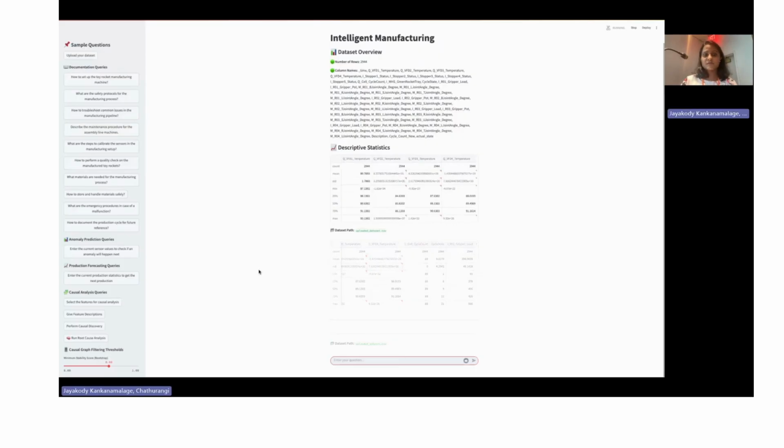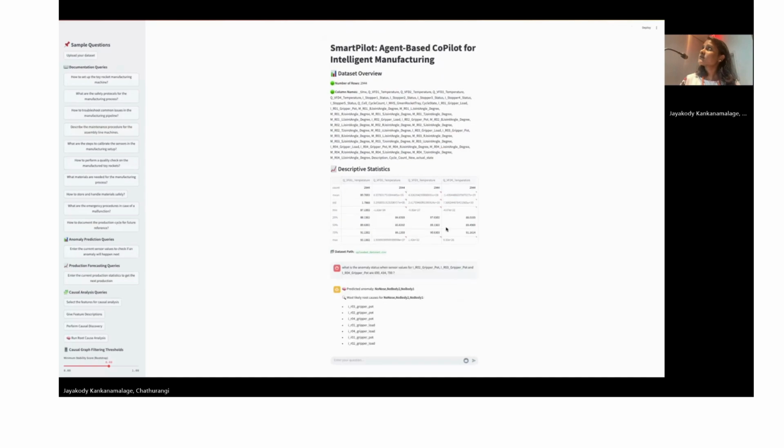And then yeah, it told me that there is an anomaly, and it also invoked the causal agent, and it produces the root causes for this particular anomaly.